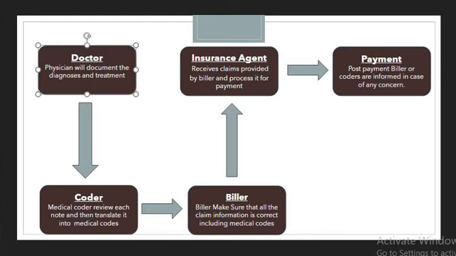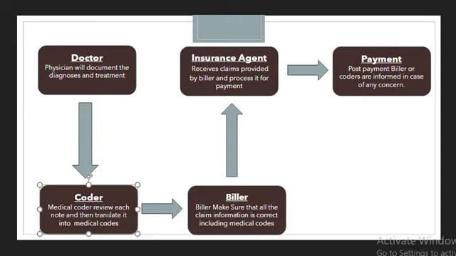So what will the medical coder do? He will review each note and then translate it into medical codes. Whatever document we have received from the doctor, the medical coder will review each and every note of it. It's the coder's responsibility to understand the requirement properly and then perform the mapping between the medical document and the medical codes.